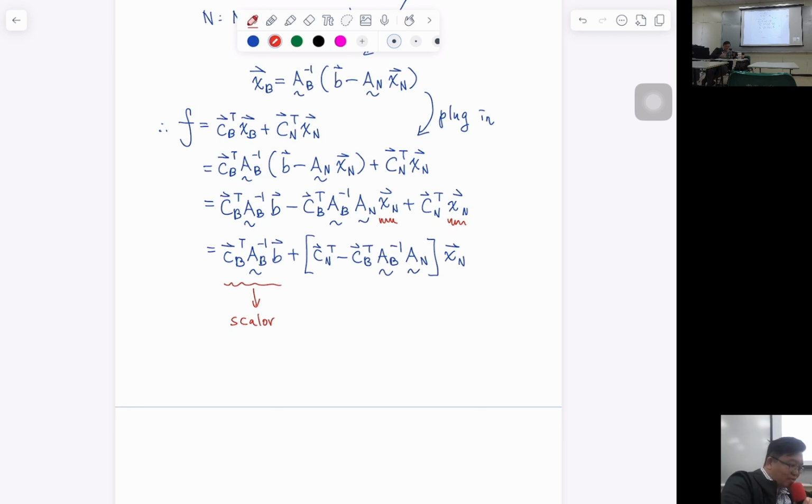So right here, they must be positive or 0, right? Because the way we define all the variables, they have to be positive or 0. So how can we reduce f? We now want this term to be negative.